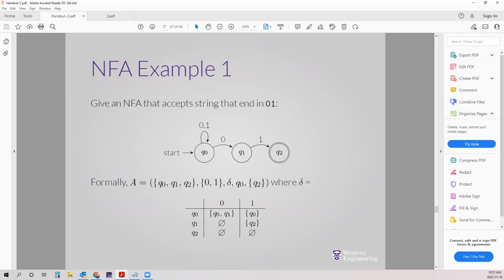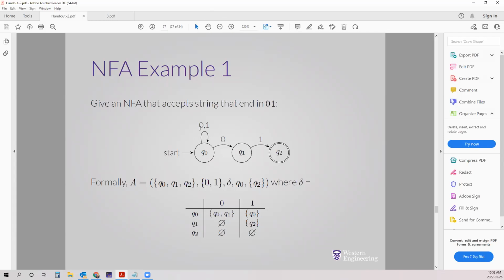Example: given an NFA that accepts a string that ends with 01. Here we assume that the alphabet is Sigma equals {0, 1}, two symbols. So for any string that ends in 01, if I receive a 0, I could go to the next state if it's the last symbol, and if it's not, I'll stay in this one.